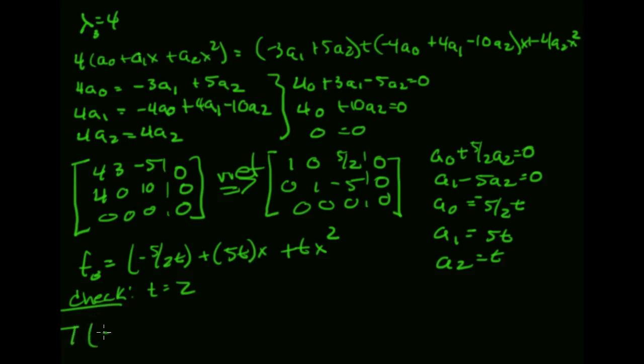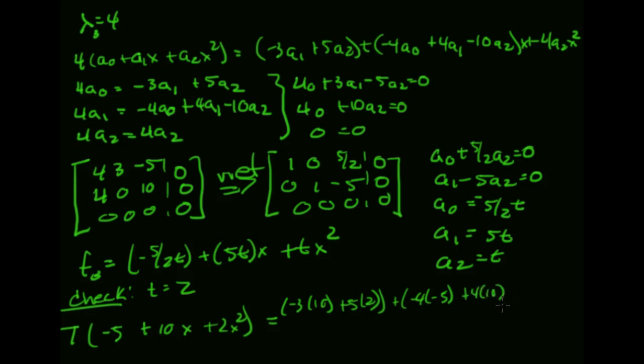So we're going to take the transformation of negative 5 plus 10x plus 2x squared, which is going to give me negative 3 times 10 plus 5 times 2 plus negative 4 times negative 5 plus 4 times 10 minus 10 times 2 x plus 4 times 2x squared, which works out to be negative 20 plus 40x plus 8x squared.